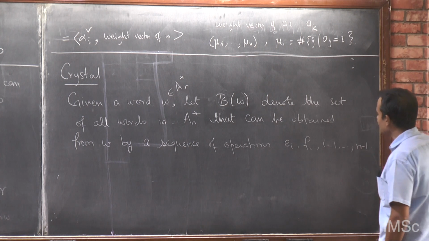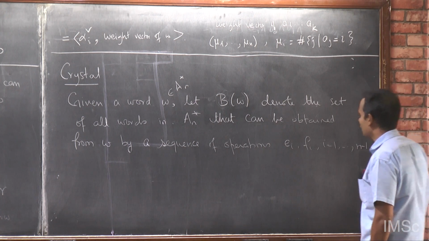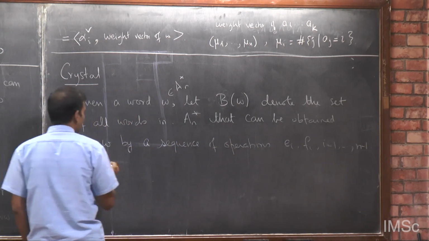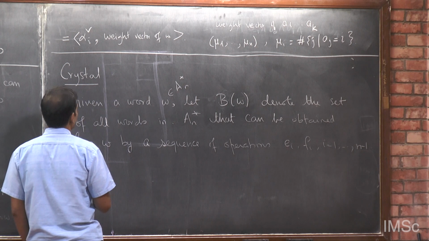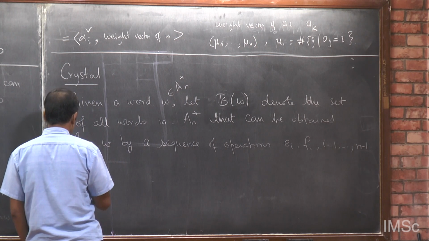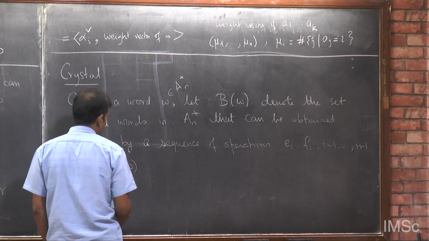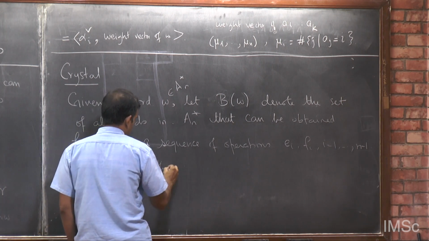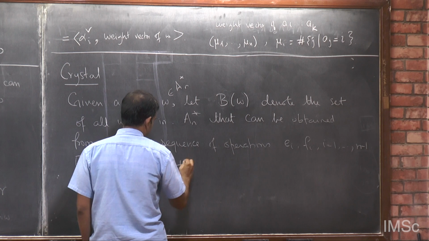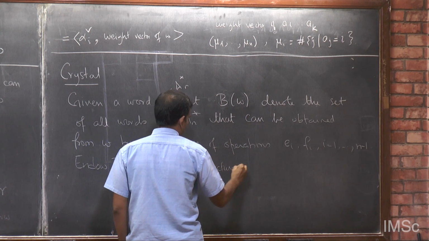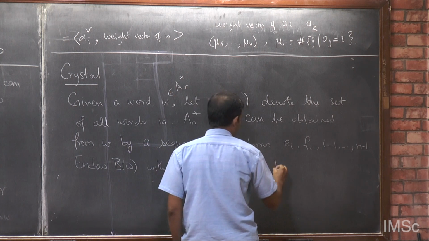So it is a sequence of operators E I, F I, this thing, and this has some additional structure. We think of it as a colored graph. So endow B of W with the structure of a directed colored graph.